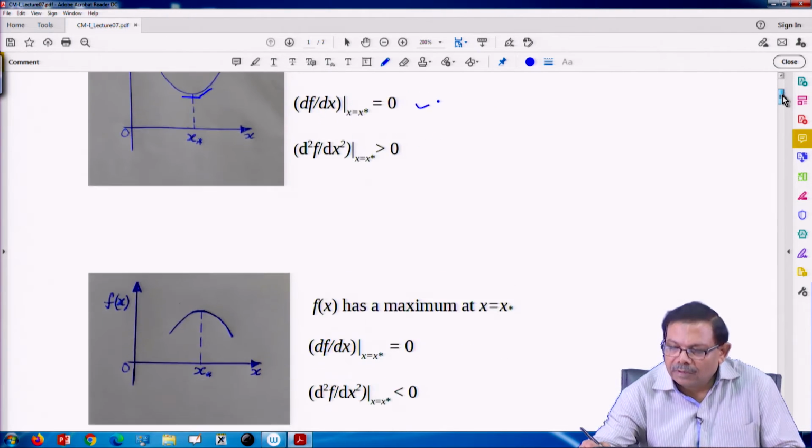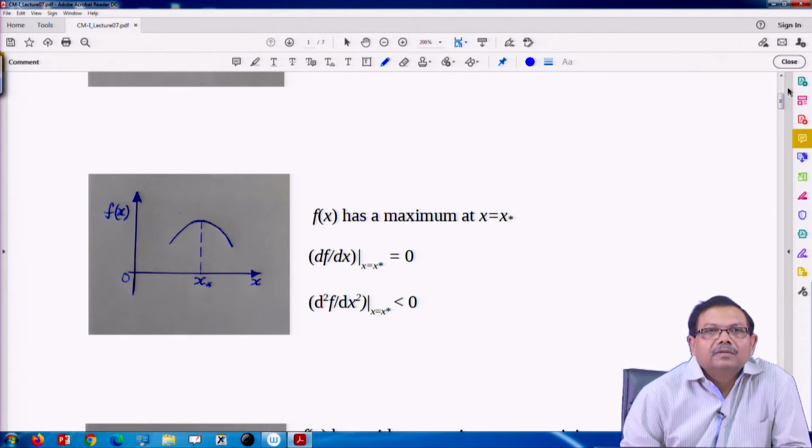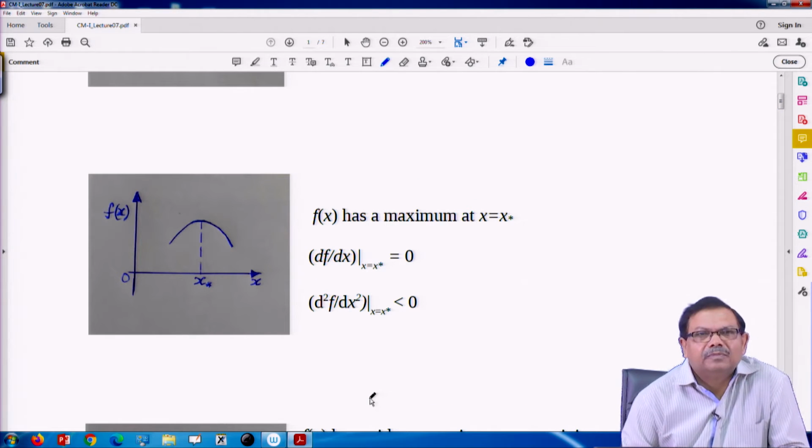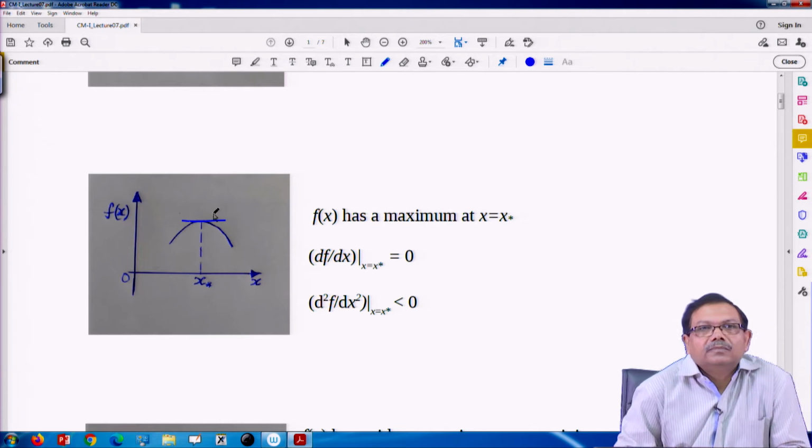There is another function which has a maximum. At the maximum point also the slope is 0. So, here again you see the slope is 0.